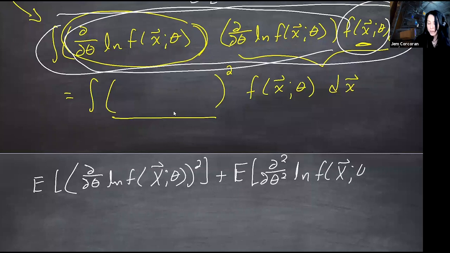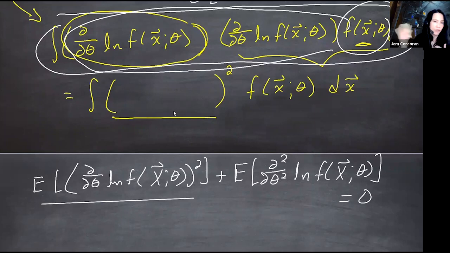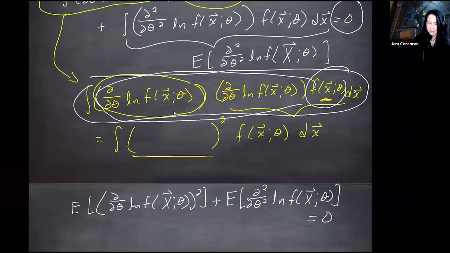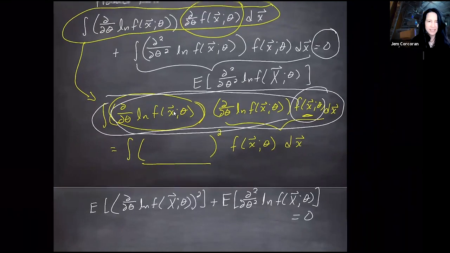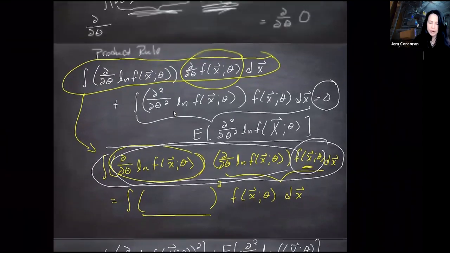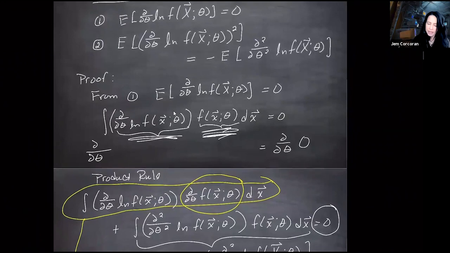And that's what we wanted to show, because really we were trying to show that this is the negative of the other expectation. So move that one to the other side. That makes sense? At least maybe the process, because I know that was kind of messy.